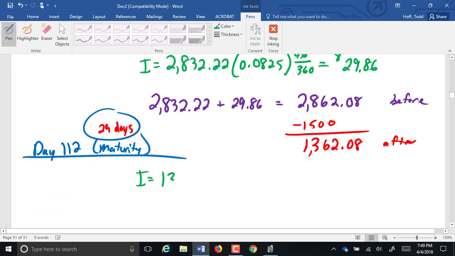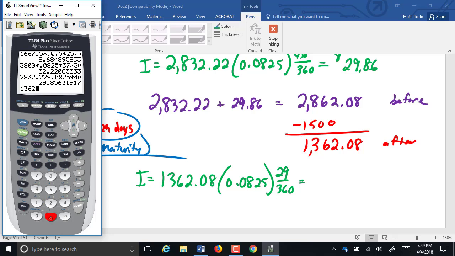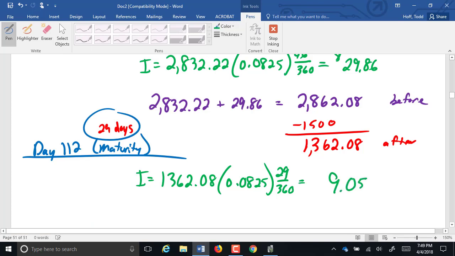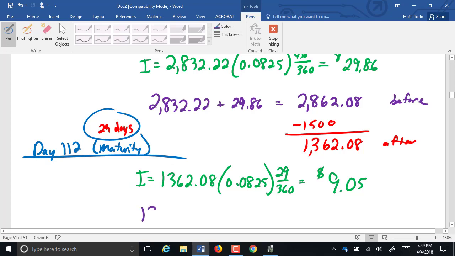So our interest, 1362.08 times 0.0825 times 29 over 360. $9.05 is correct. Yep, we add that to 1362.08. 1371.13 is the balance due.